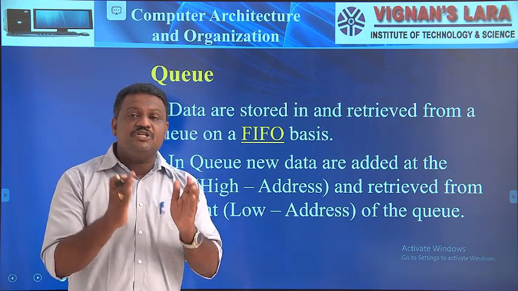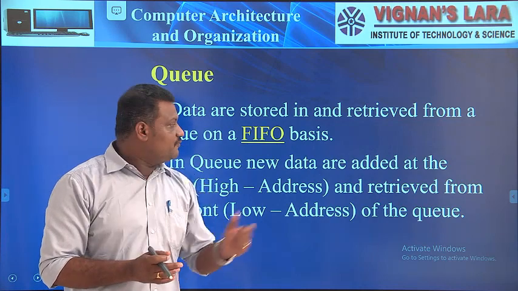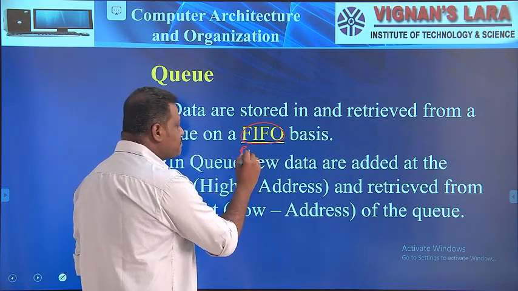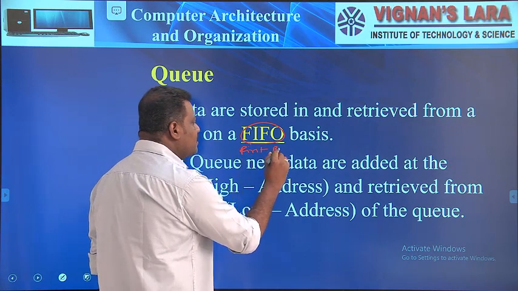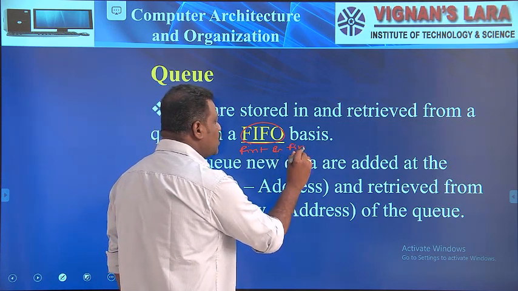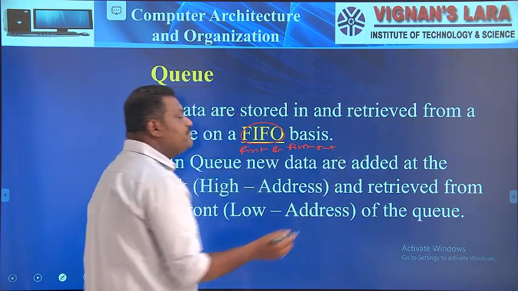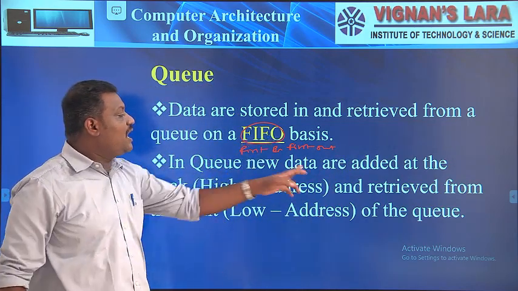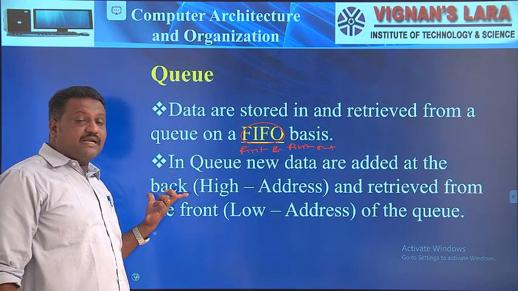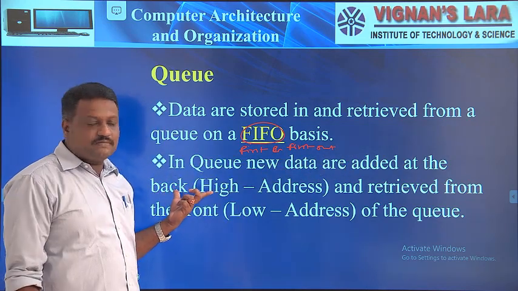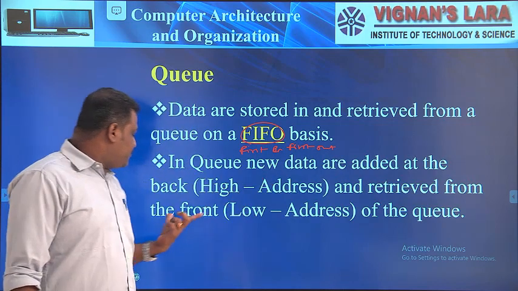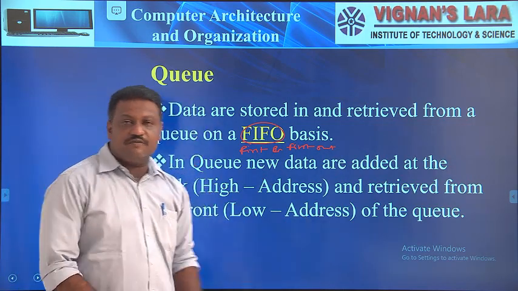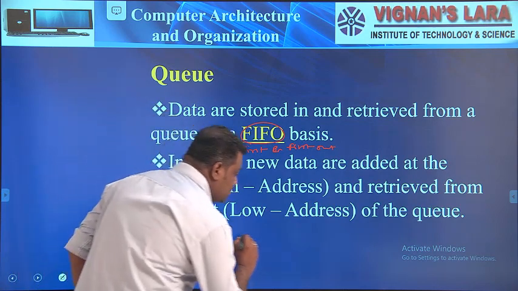The operating principle of a queue is first in, first out. FIFO means first in, first out. This is the operating principle of our queue. In a queue, new data are added at the back end, that is at a higher order address, and retrieved from the front, that is a lower order address of the queue. Like you can assume, this is your queue.